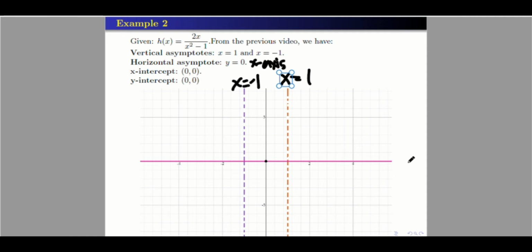So since this is the x-axis, you cannot see any broken lines anymore because this is the x-axis. The y-intercept and the x-intercept are both at the origin. So meaning the graph will intersect the x-axis and the y-intercept at this point, or y-axis at this point.